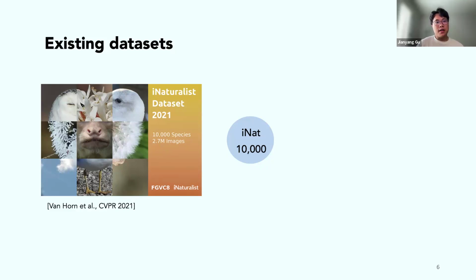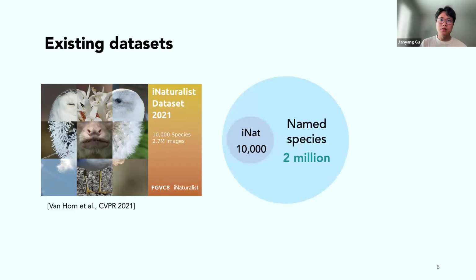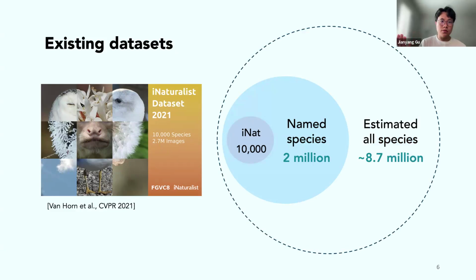However, these 10,000 species, if we consider how many species there are on this Earth, roughly we have about 2 million species that have been documented. And further, if we consider all the possible species on this Earth, this is not some definite number, but there are multiple guesses, and one estimation is there are 8.7 million species.